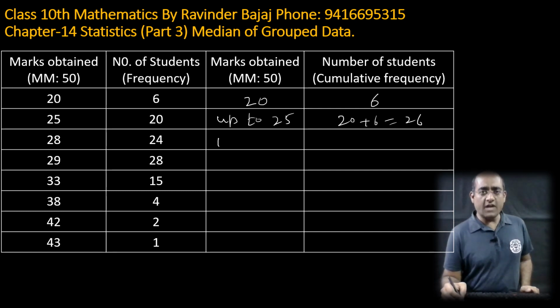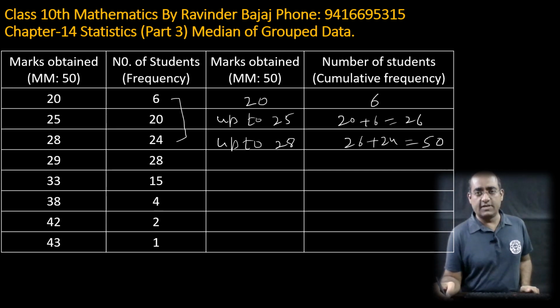Next, marks obtained up to 28 will be the sum of these three values: 26 plus the next value 24, that is 50.